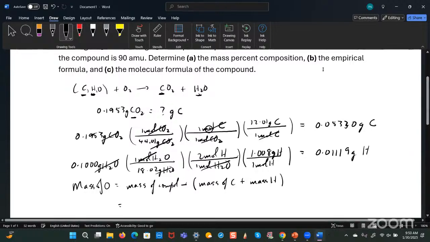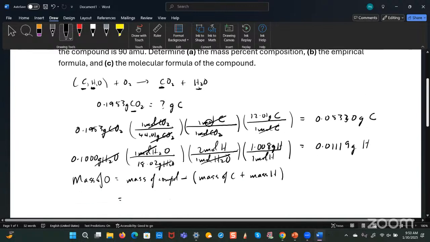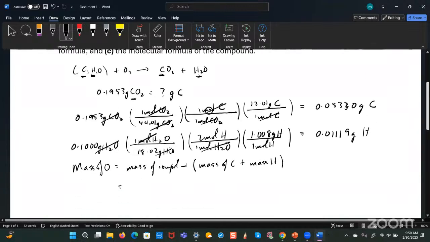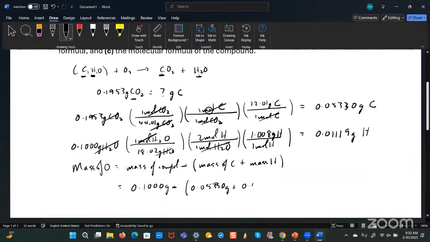The mass of the compound was 0.1000 grams, minus these two masses, which would be 0.05330 grams plus 0.01119 grams. And let's see what that gives. I'm going to work on what's within the parentheses first, so 0.05330 plus 0.01119.